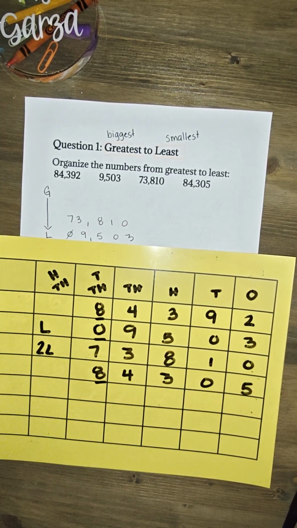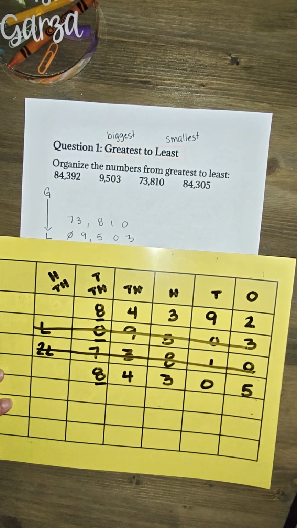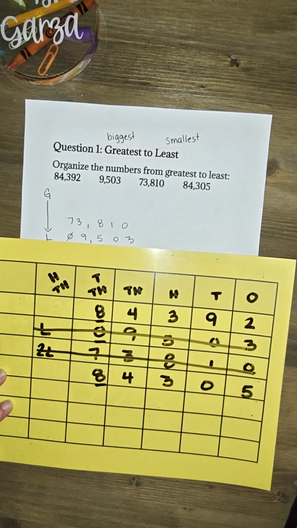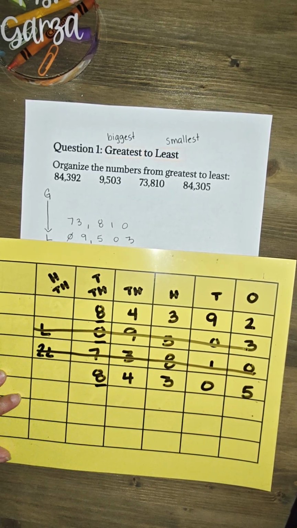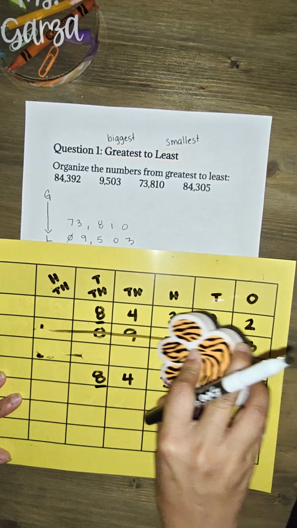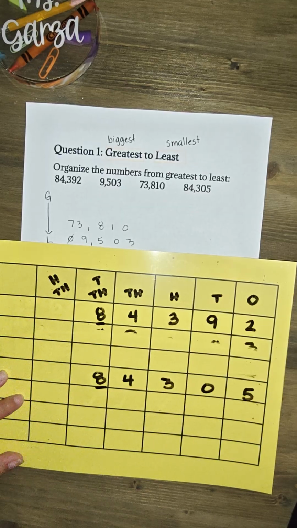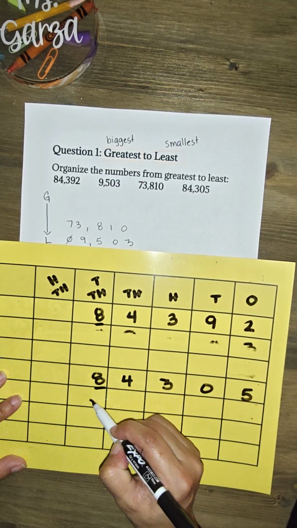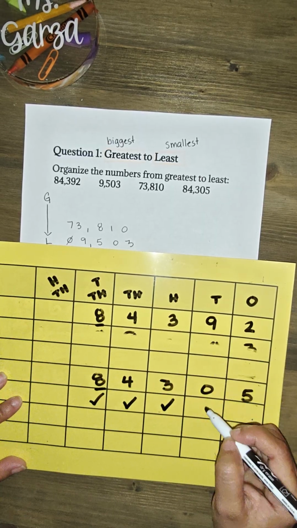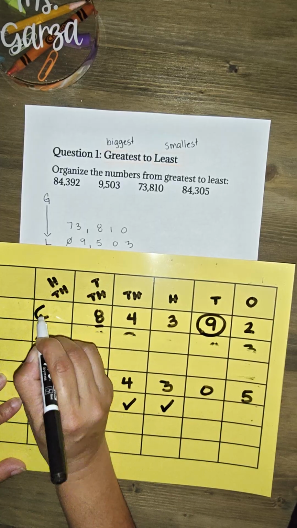Now we have gotten rid of 2 whole numbers, these 2. We already organized them. We don't have to worry about them anymore. Now I'm going to go ahead and erase it so that I'm only going to focus on the last 2. Okay, I have 8 and 8, those are equal. 4 and 4, those are equal. 3 and 3, those are equal. 9 and 0, this one's the greater one.